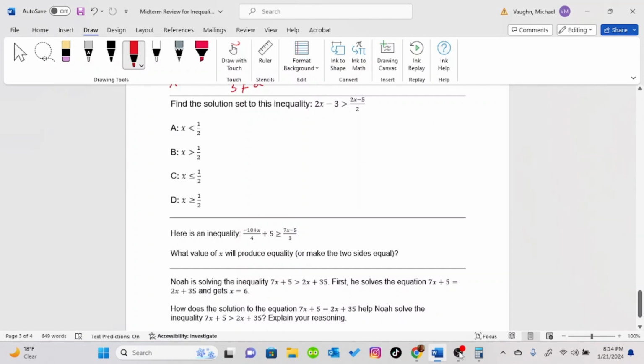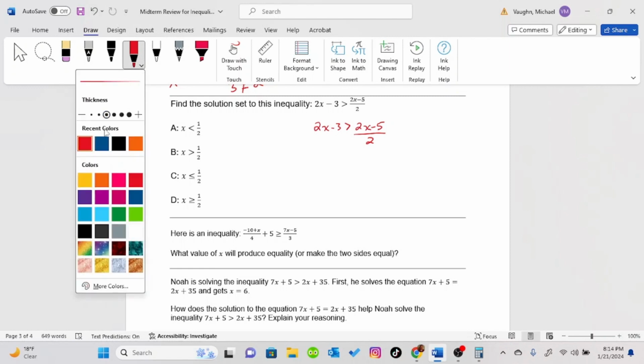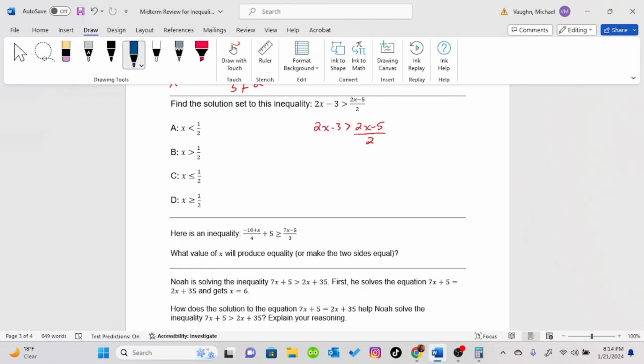Find the solution set to this inequality. 2x minus 3 is greater than 2x minus 5 divided by 2. So the first thing I'm going to do is get rid of that fraction by multiplying both sides by the denominator, 2.